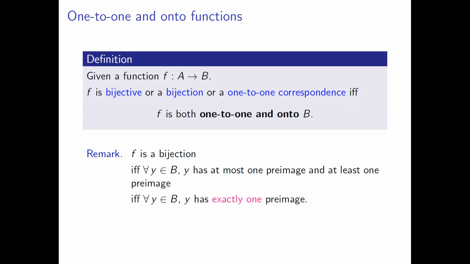That is, for any y in B, y has exactly one pre-image under f.